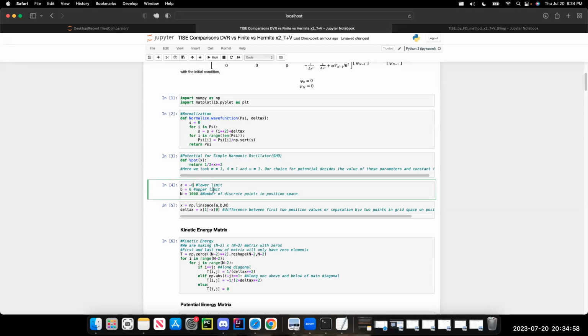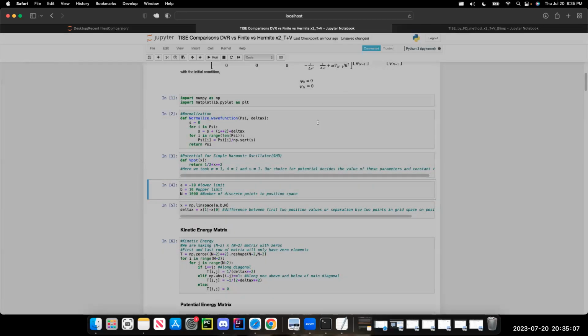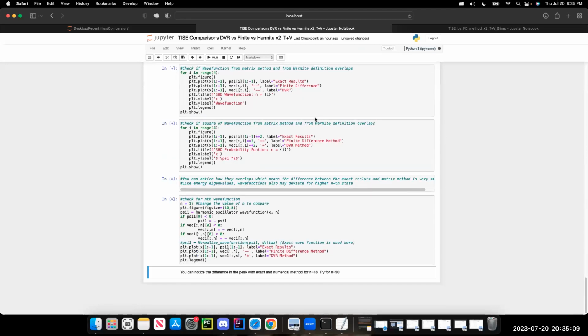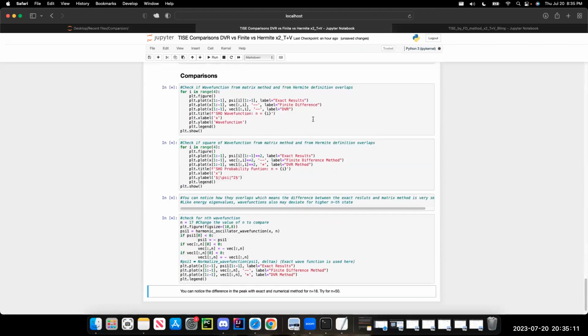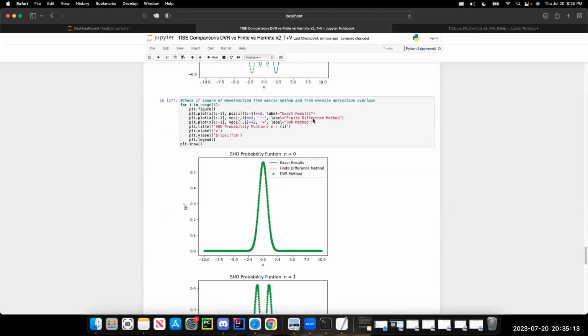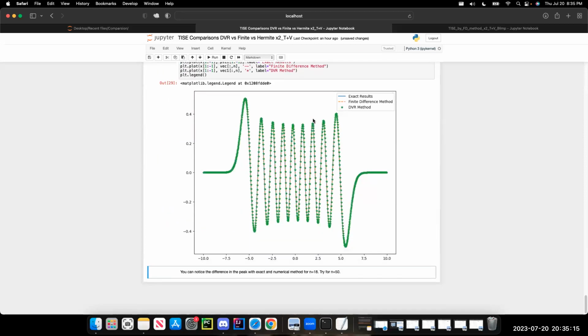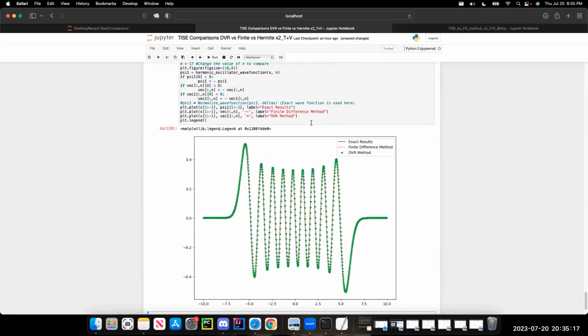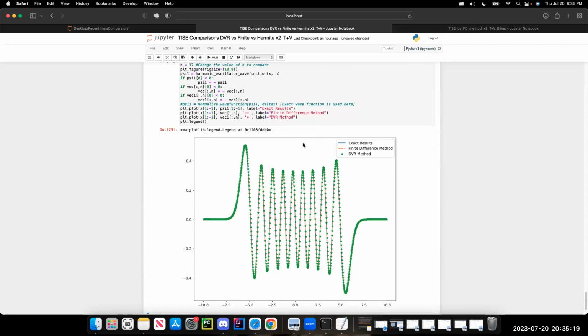So instead of choosing, let's say, -6 to 6, if our lower and upper limit is -10 to 10, then even if we access a value of n that is equal to 18, we still have accurate results.